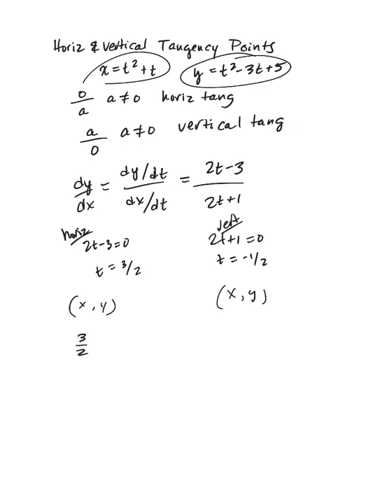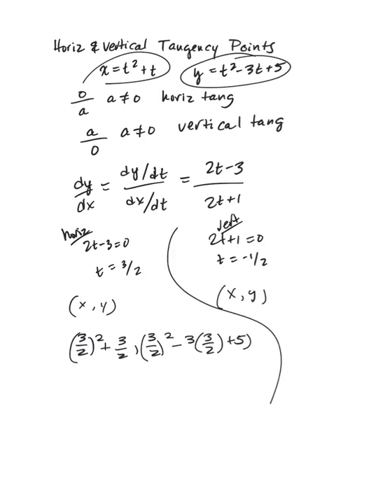We're going to have 3 halves squared plus t. And then the y value is going to be 3 halves squared minus 3 times 3 halves plus 5. You can just leave it in calculable form. Okay, that's horizontal. And then for the vertical, I'm sure you could figure that out, right?